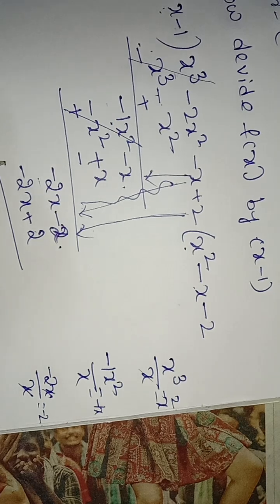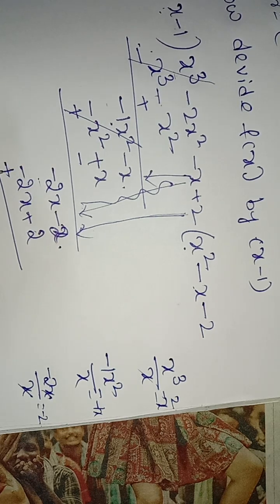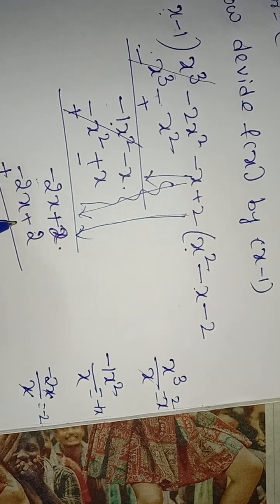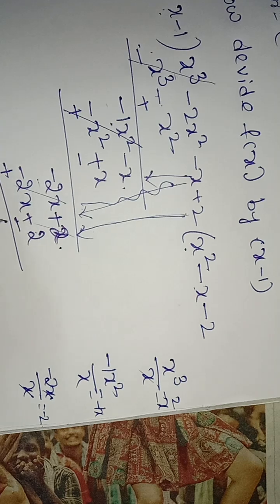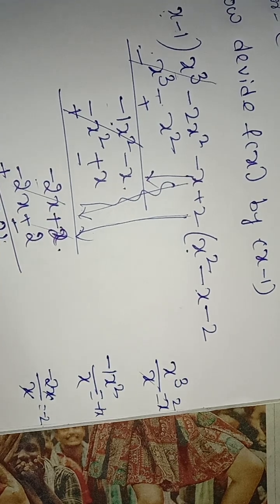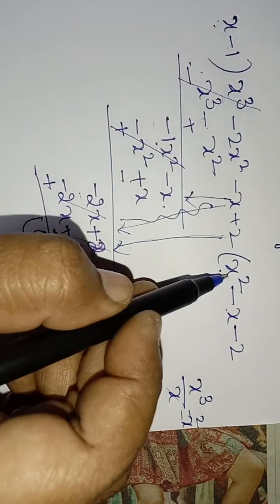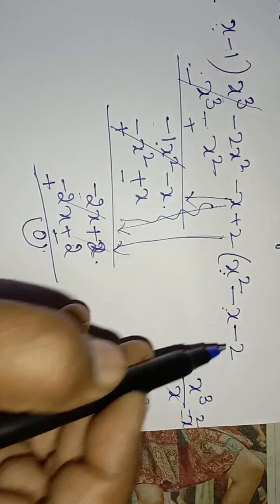Change your sign, and these two will get cancelled and your remainder is 0. Now what is your quotient? x square minus x minus 2.